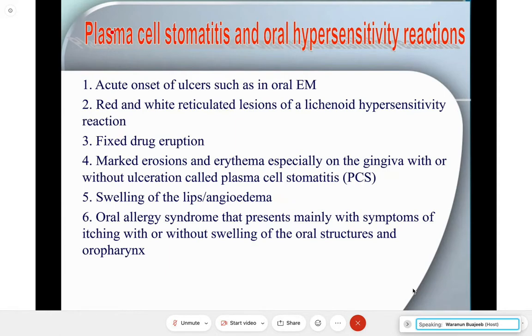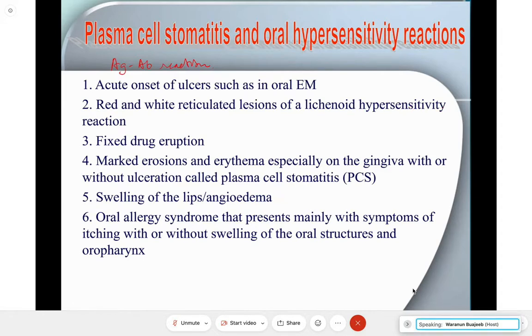Even with this heading, all these 6 items are related to antigen-antibody reactions. It can be acute onset, like erythema multiforme, or a red and white reticular lesion or lichenoid hypersensitivity reaction.